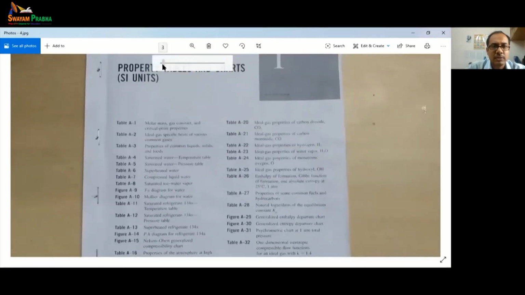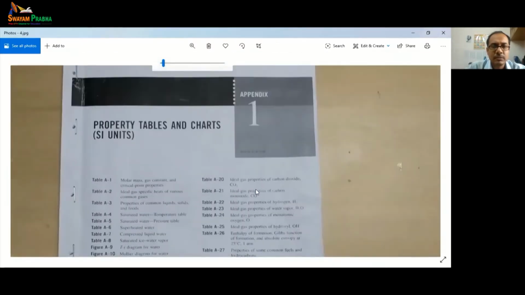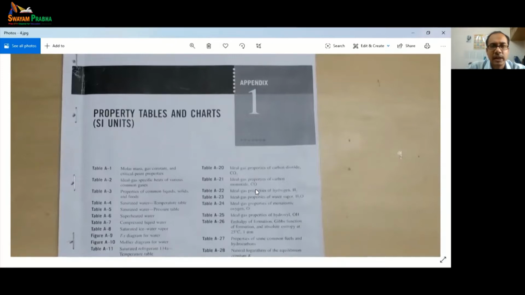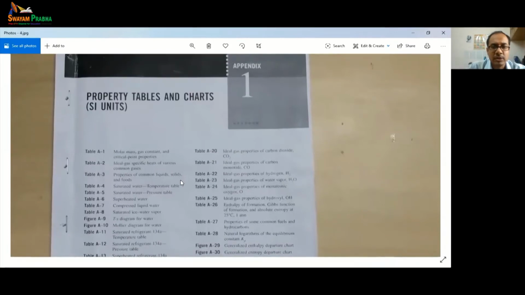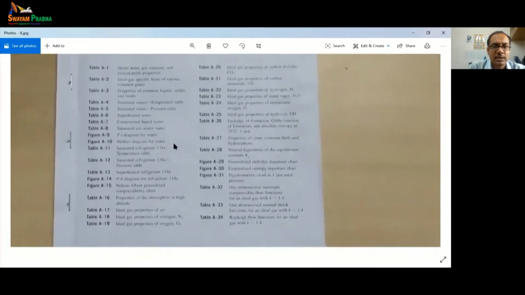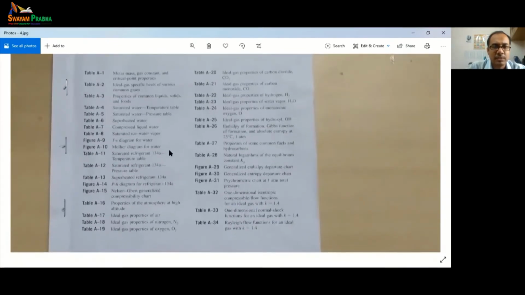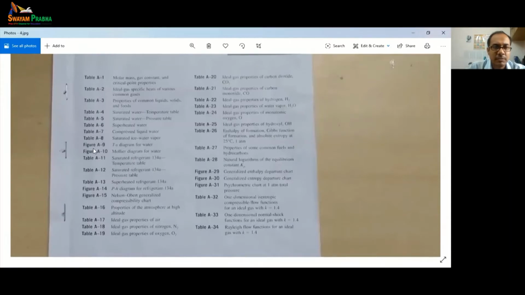Whatever textbook you are using for thermodynamics, at the end of it you will find tables and charts. This one I am showing is available with the book that we are following, the Cengel and Boles book. Here you can see there are lots of tables. All these tables are numbered, and what a particular table contains is written here.